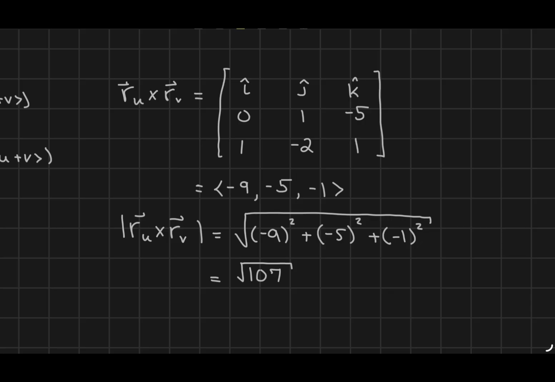So we could do r sub u cross r sub v, or we could flip it and it would be the exact same differential. Speaking of scalar surface integrals, when we're doing vector surface integrals, it's going to be a different story. But for scalar surface integrals, it is interchangeable.